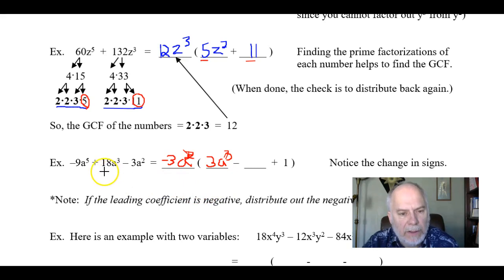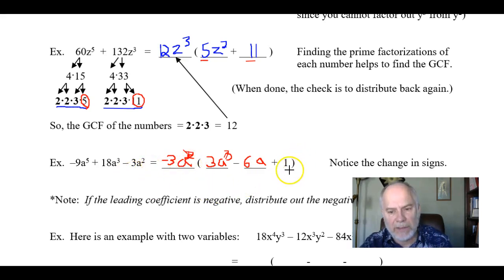And then 18 divided by negative 3 would be negative 6. And I'm taking 2 a's away from 3 a's, so I'll just have 1 a. And then last of all, negative 3 divided by negative 3 is positive 1. And I take the a's away because I'm taking out two a's. And so I just have positive 1.